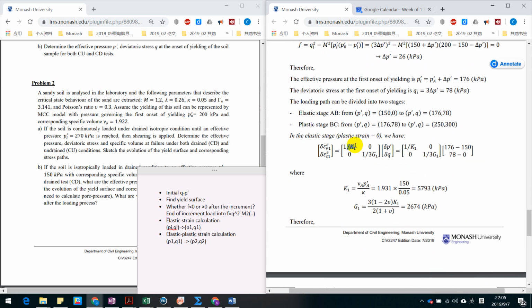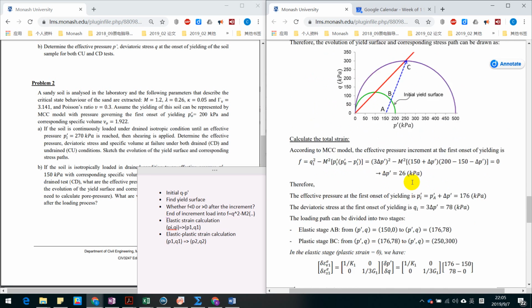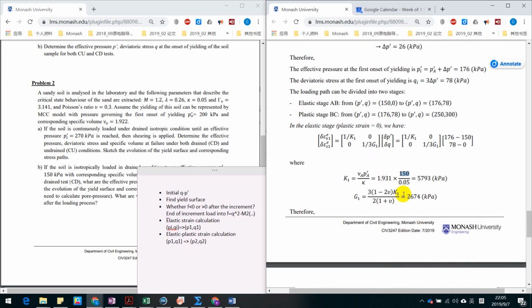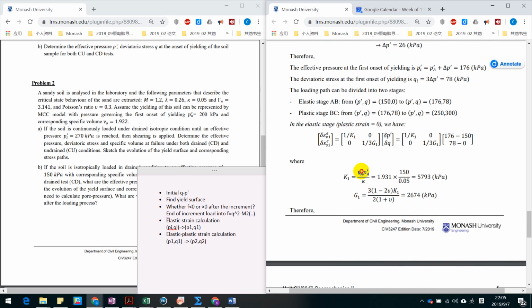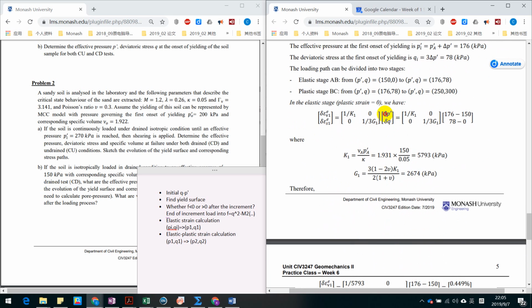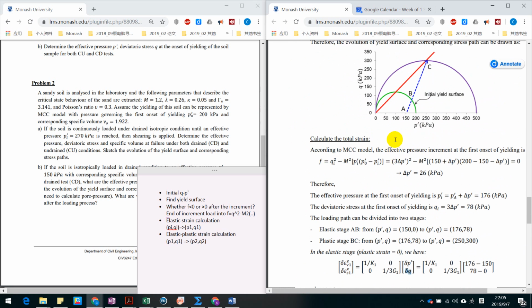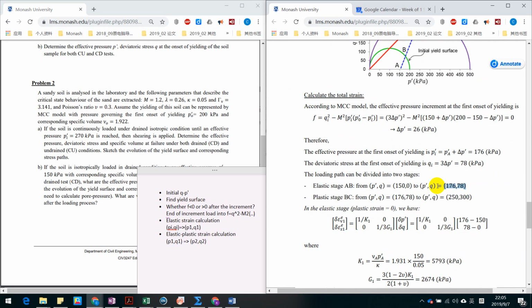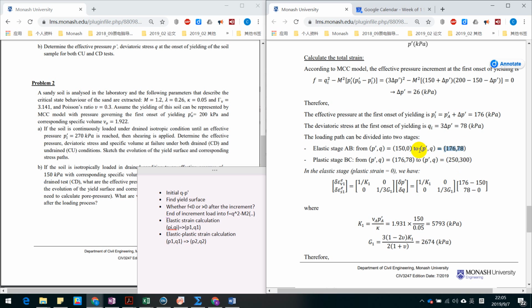So in calculating this initial condition, we plug in the initial parameters, which is 150 kilopascal here, and also the corresponding nu A. Sorry, it's nu A. And G is the same, except that this is the Poisson's ratio. And then delta P dash and delta Q are obtained by subtracting these two values.